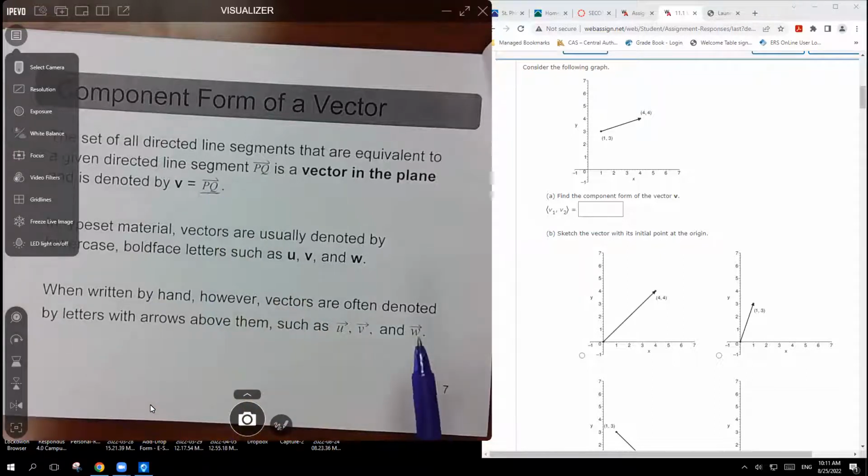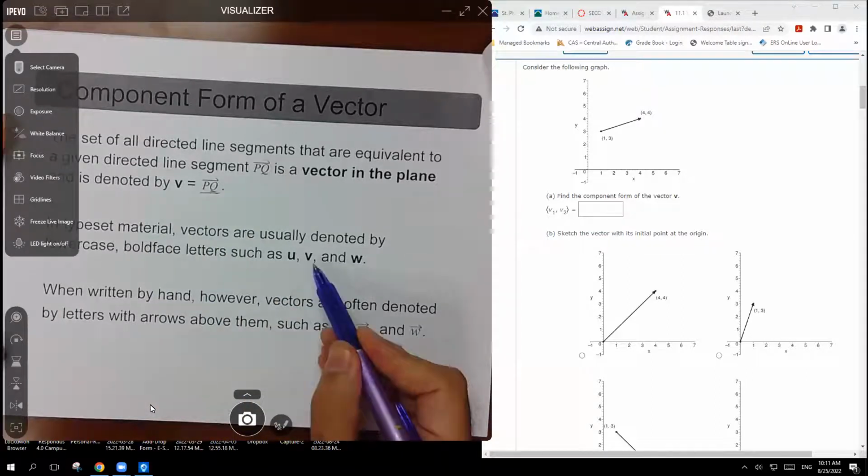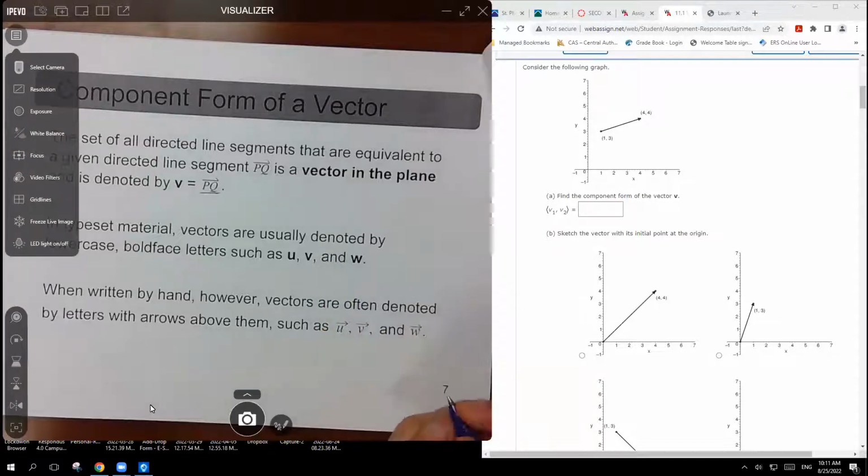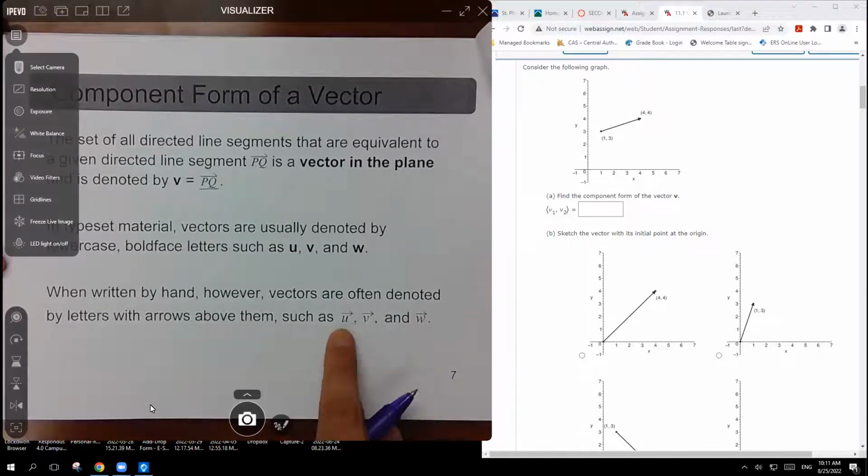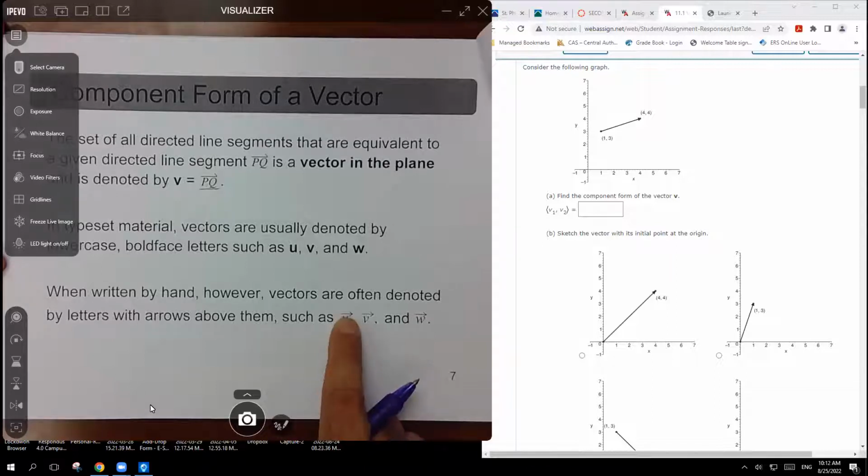How are you going to perform that when you write down U, V, and W? This means now it's a vector space, not variables, because now we're working with vector space. Sometimes, if you're doing the online assignment, you will see U with a line over it. This means it's a vector space.